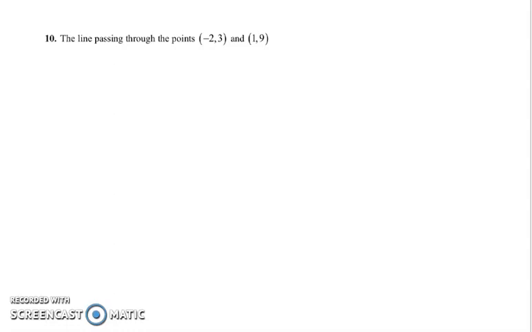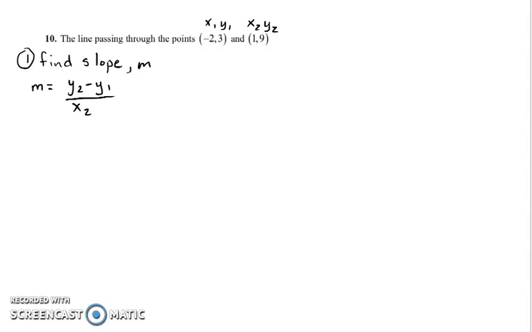All right, now let's check ourselves. So first, find slope, which is m. So m is, with x1, y1, x2, y2, remember, y2 minus y1 over x2 minus x1.